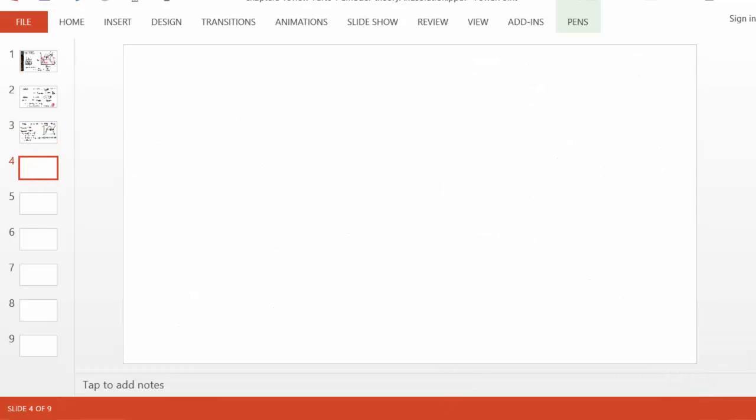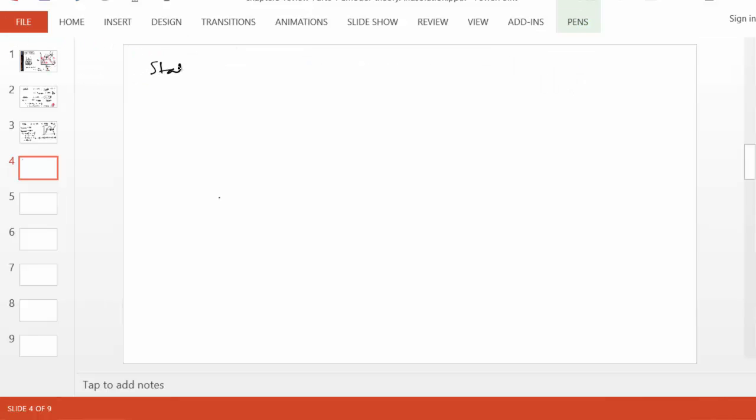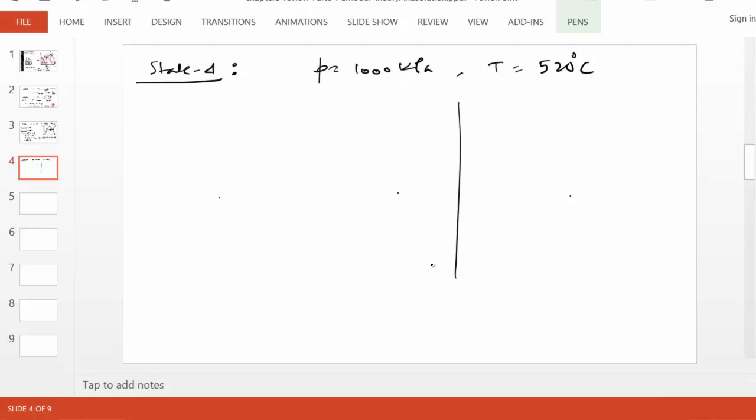Okay, now suppose we are after another state, state 4, and what is given is pressure is again 1000 kPa, and let's say temperature is supplied as 520 degrees Celsius. Once again, we draw the state.